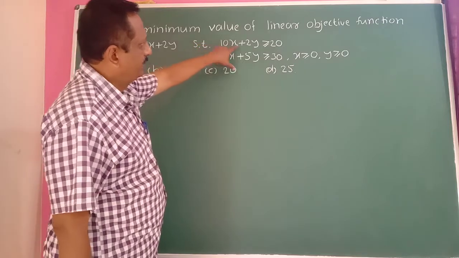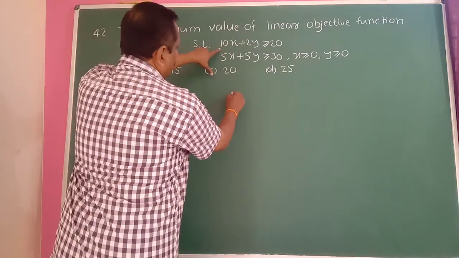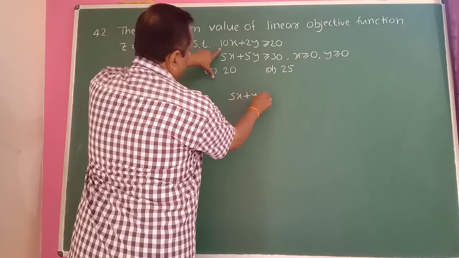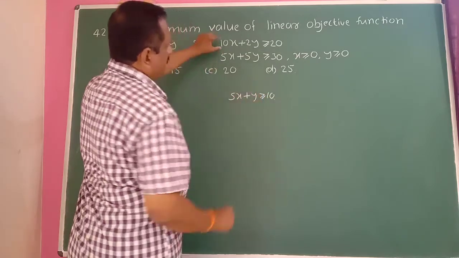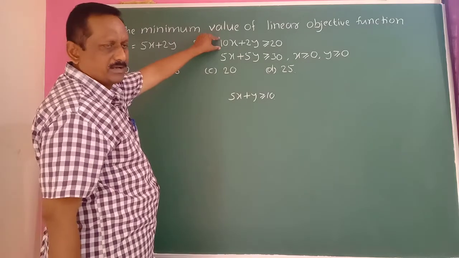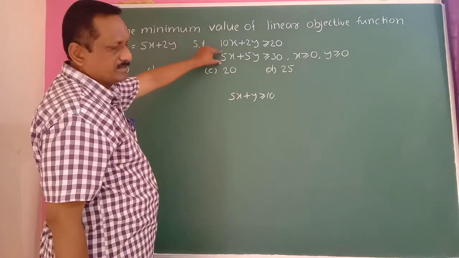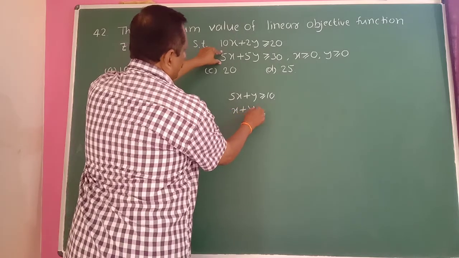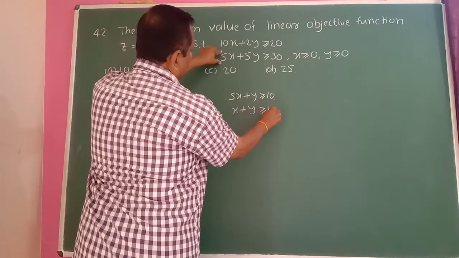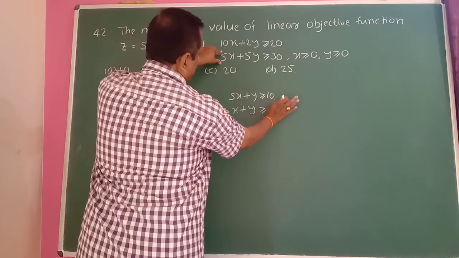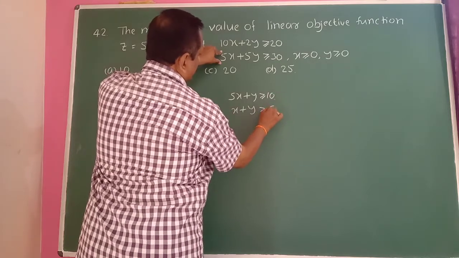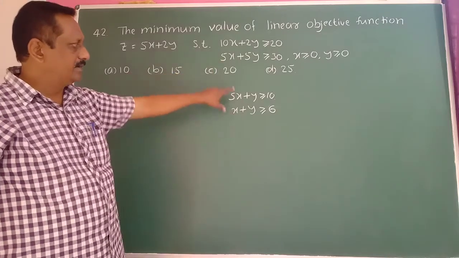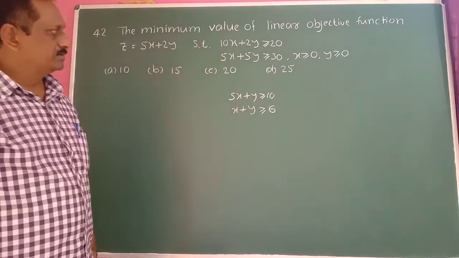If you divide both sides by 2, we get 5x plus y greater than or equal to 10. Divide the second equation by 5. Dividing both sides by 5, we get x plus y greater than or equal to 6.